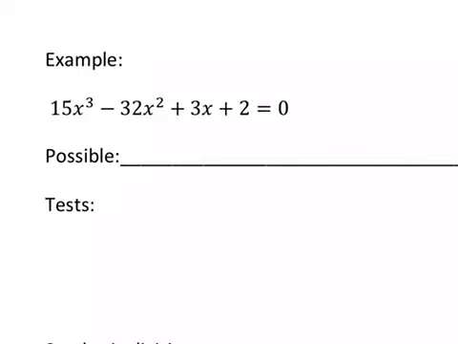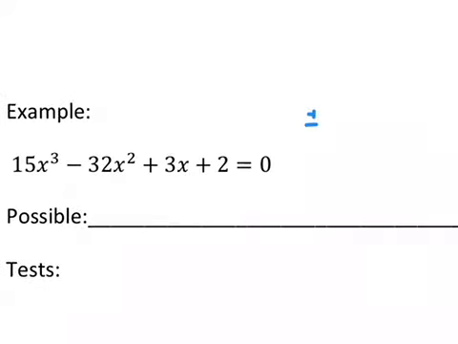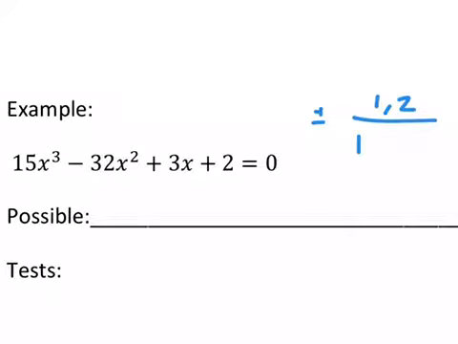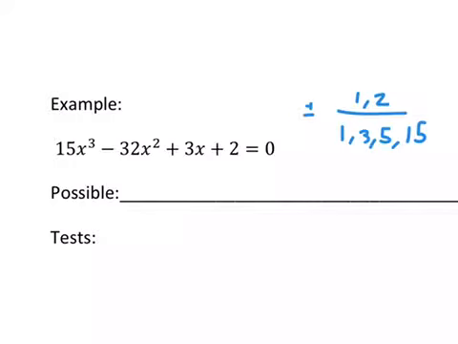So let's create our list of possible x-intercepts, which would be plus or minus, factors of 2, and then out in the front, factors of 15. So then we just group all those numerators up with those denominators. The 1 would be paired up with all those.